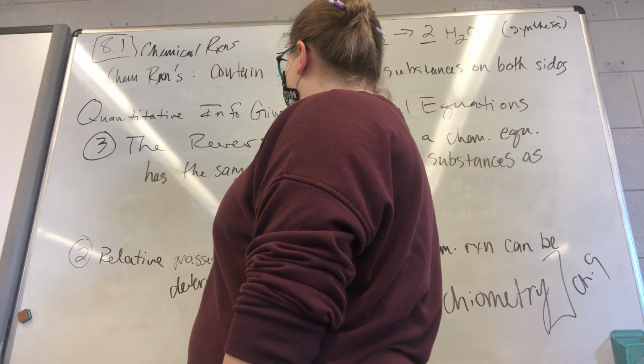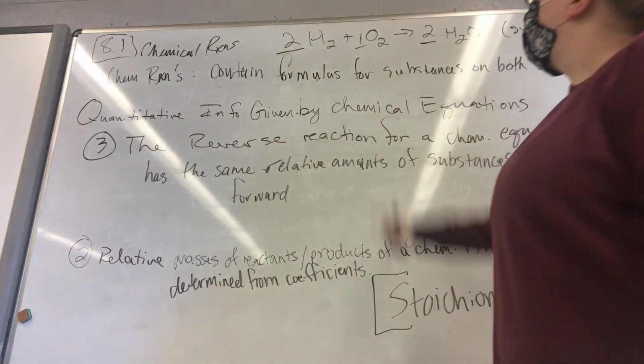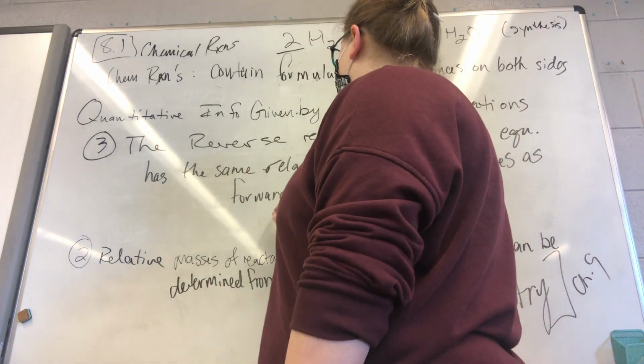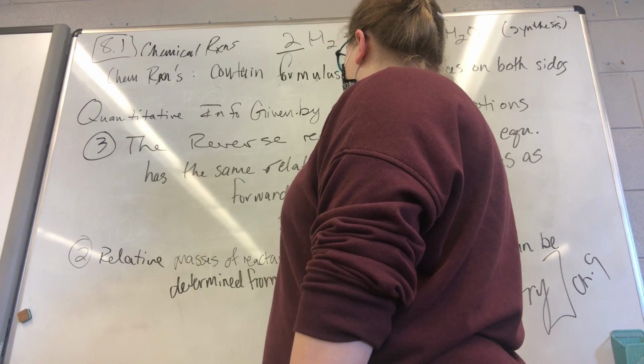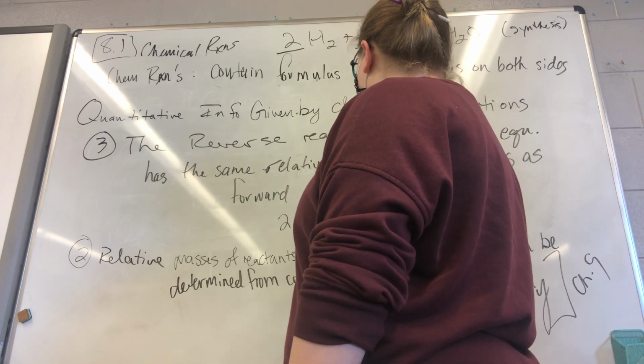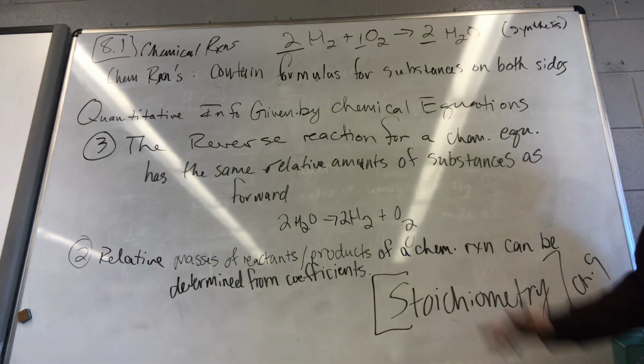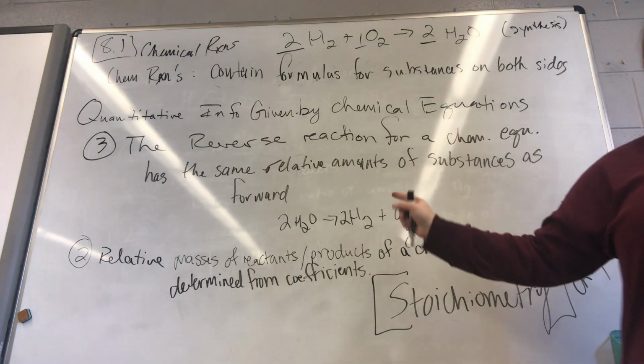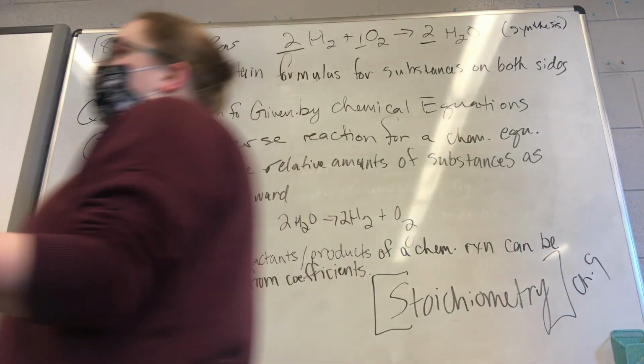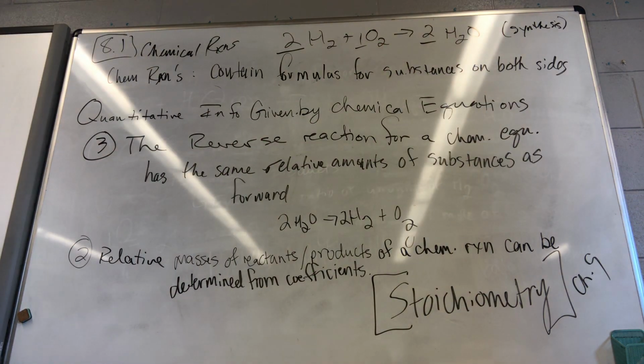In other words, if I flipped that reaction around and made it a decomposition reaction, the molar numbers stay the same, and we can get the similar information. We're just doing the opposite process. Reversing the reaction does not change the outcome.